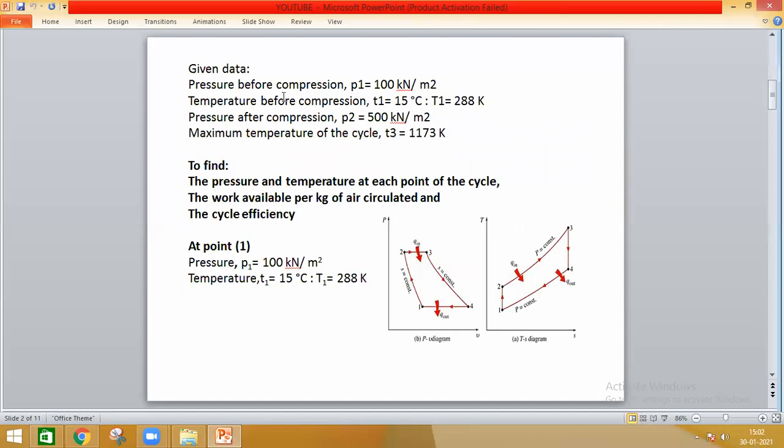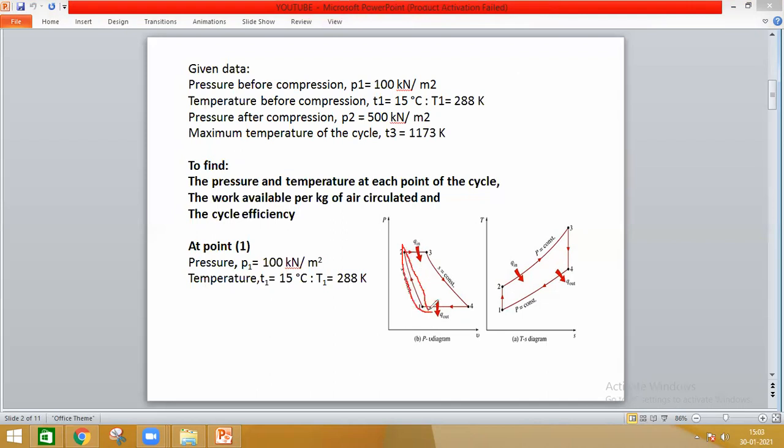So first we have to write the given data. Whenever we are going to solve any problem, first we have to take the given data. We already saw that 1 to 2 is isentropic compression.